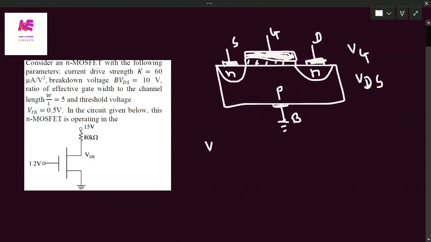So if VGS, we can consider VGS or VG voltage.